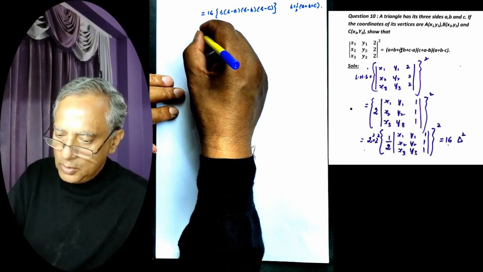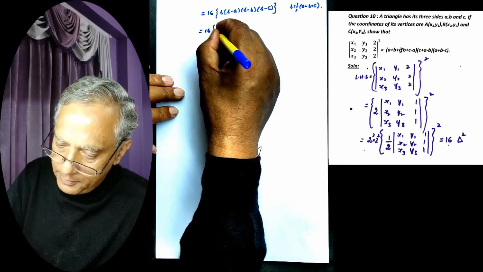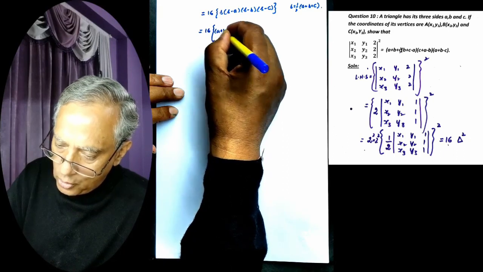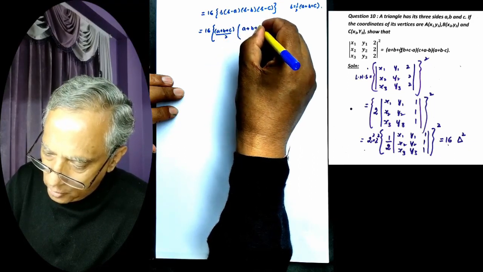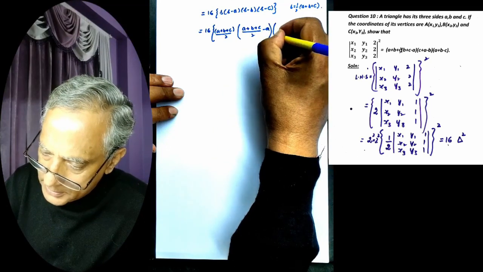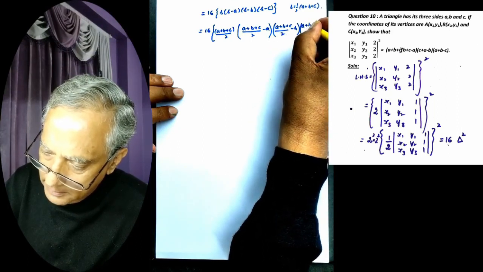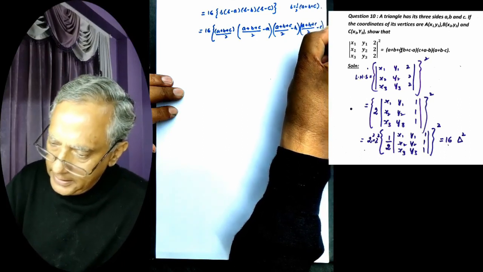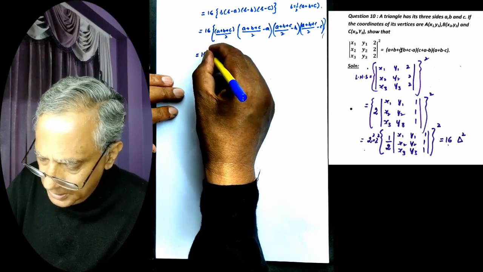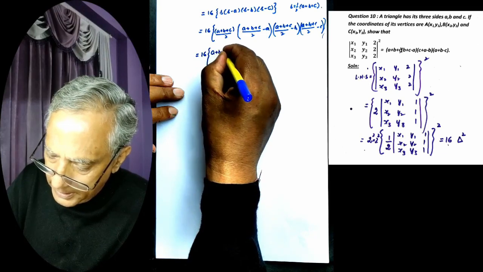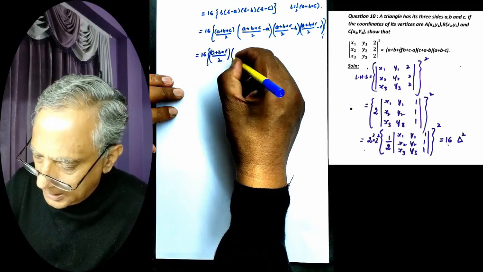So, this is equal to 16 into A plus B plus C by 2 into A plus B plus C by 2 minus A into A plus B plus C by 2 minus B into A plus B plus C by 2 minus C. And this on simplification gives 16 times A plus B plus C by 2 into, now LCM is 2.